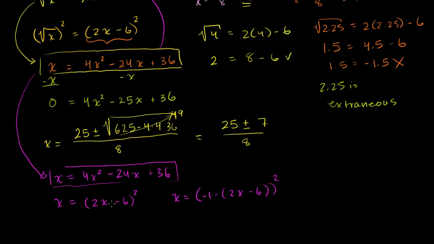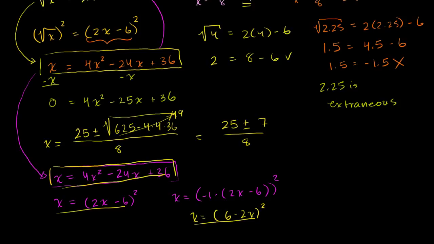And why are these equal interpretations? Because when you square, the negative 1 will disappear. These are equivalent statements. And another way of writing this is that x is equal to, you multiply negative 1 times that, you get negative 2x plus 6, or (6 minus 2x) squared. This and this are two ways of writing that.